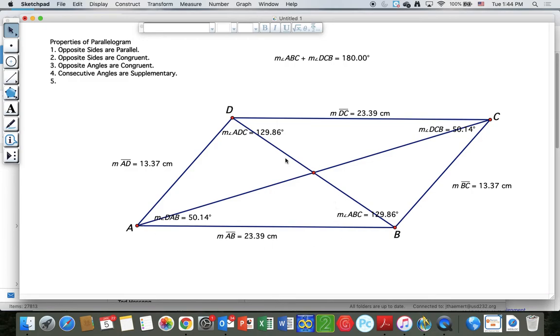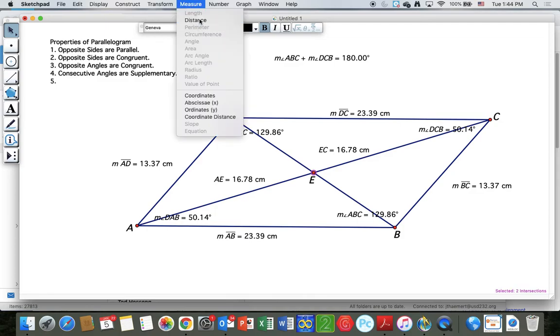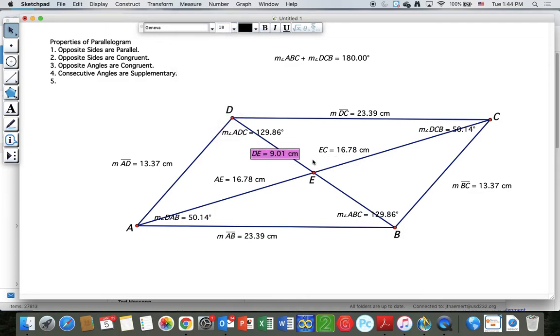And I measure, and I'm going to call this letter E, okay? And I measure the distance of AE, 16.78. And I measure the distance of CE. What do you think that distance is going to be? The same. Okay? As well as DE and EB.